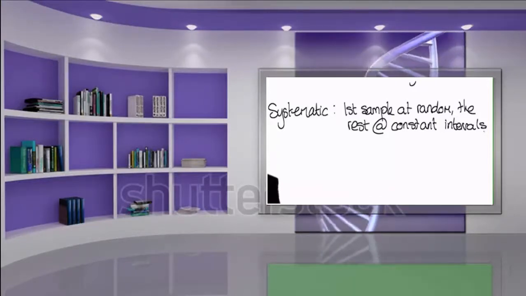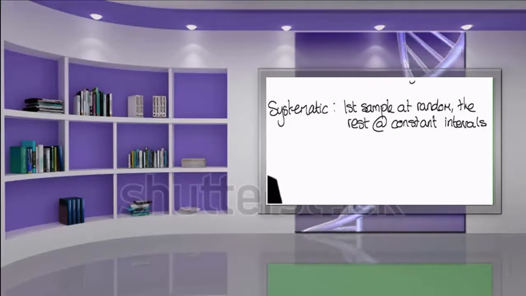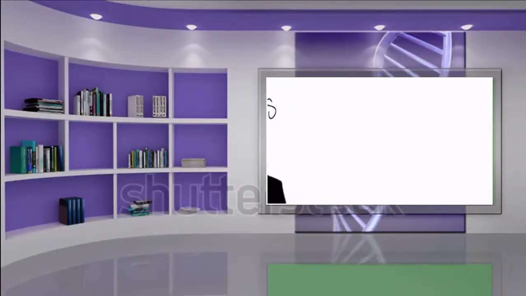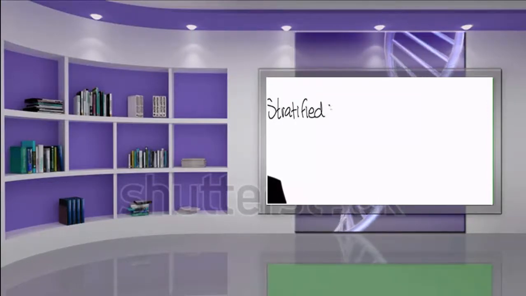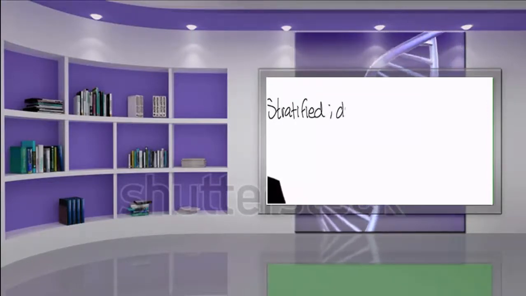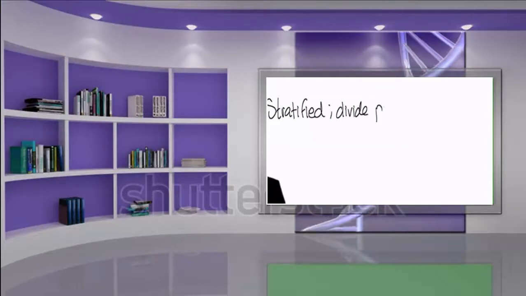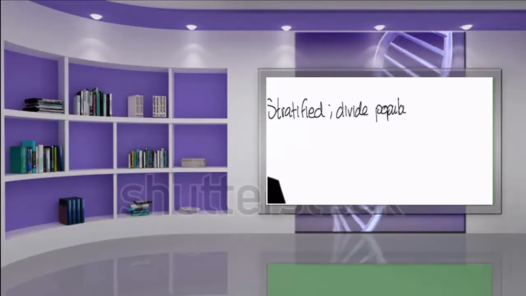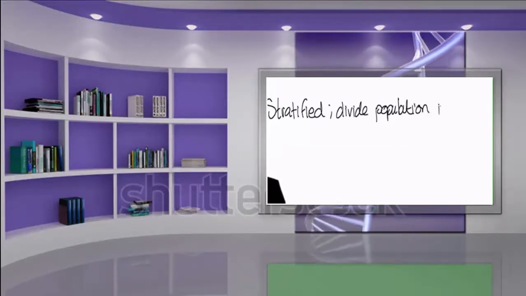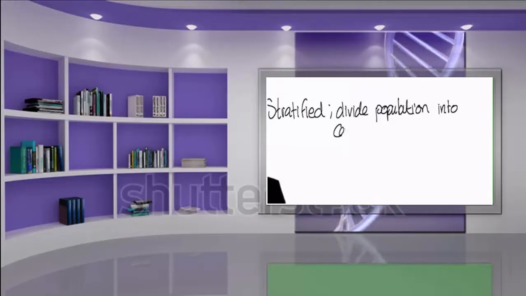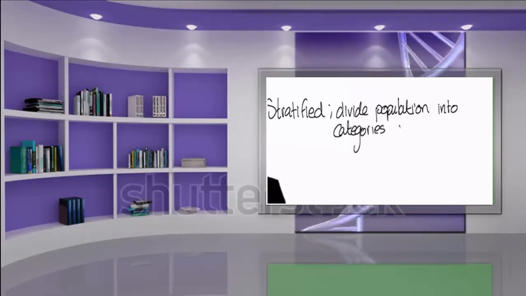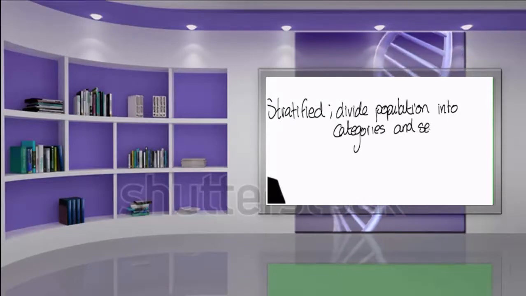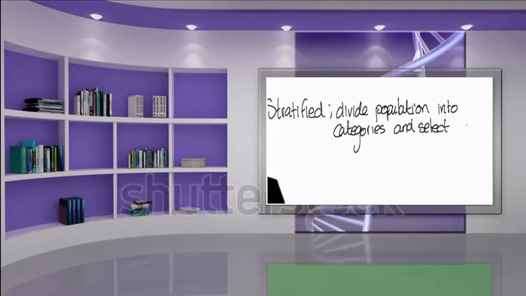Our final sampling method is called stratified sampling. If we're applying stratified sampling, we divide the population into categories and select at random from each category.